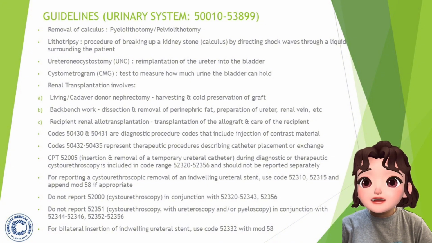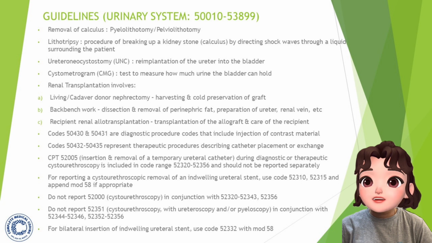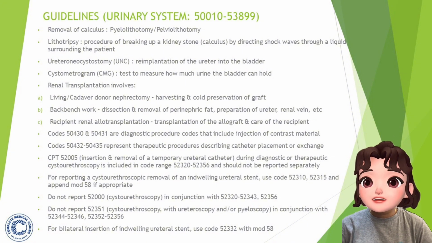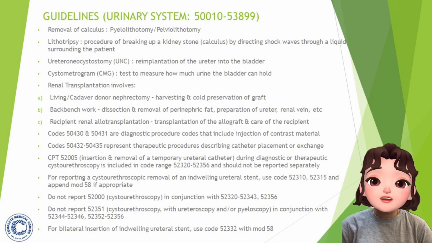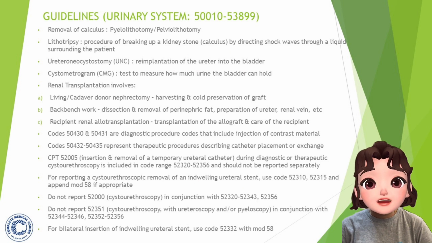Next one, do not report 52000, that is cystourethroscopy, in conjunction with 52320, 52332, 52343 and 52356. Do not report 52351, that is cystourethroscopy with ureteroscopy and pyeloscopy, in conjunction with the code ranges 52344 to 52346 and 52352 to 52356. While coding procedures, you will get all these coding tips from the CPT book as well.